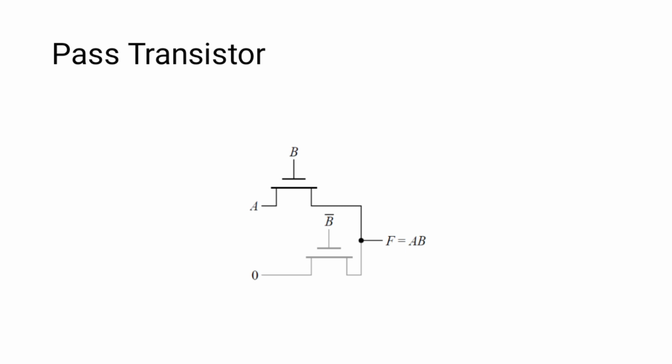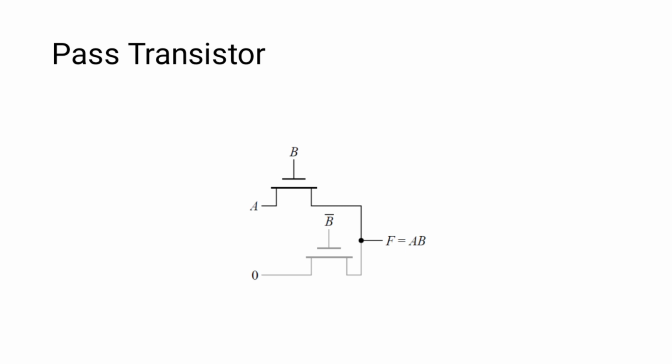You can give the input at the drain terminal and get the output at the source. In previous NMOS transistors, we could give input only at the gate terminal. So here A and B are given at the drain terminal as well as the gate terminal. With this simple logic, we can achieve AB logic, A dot B.